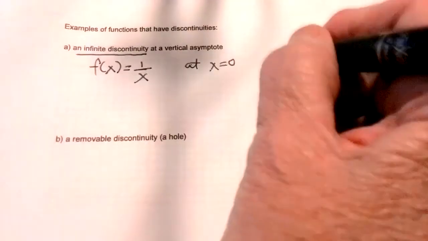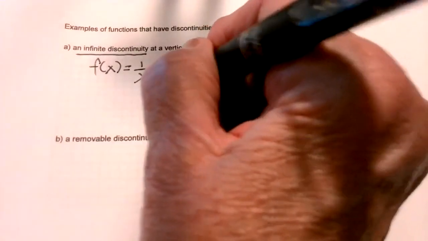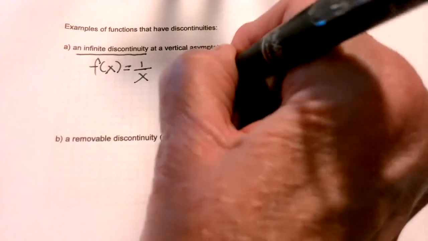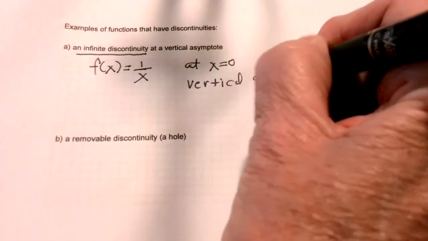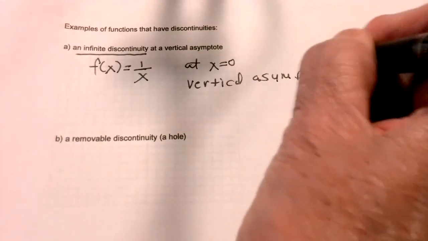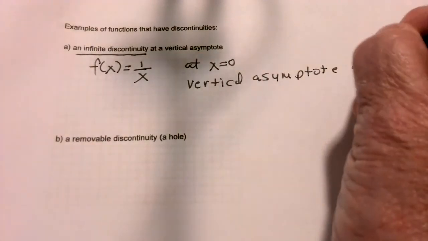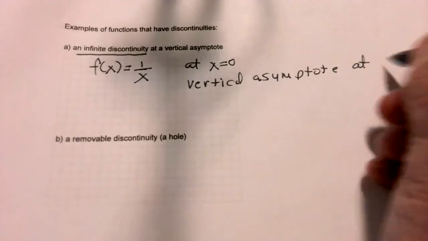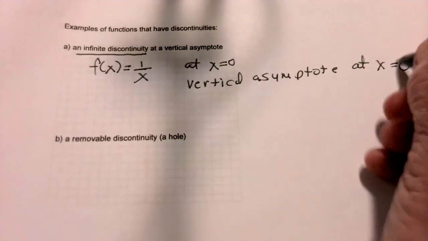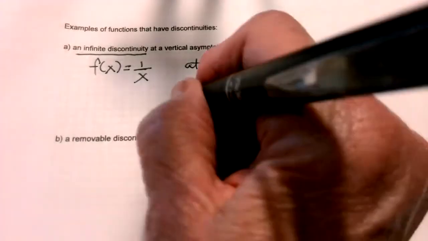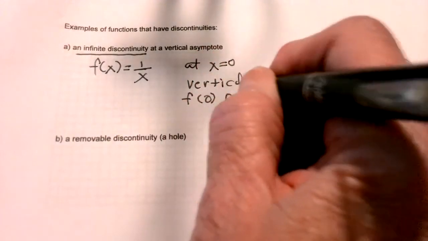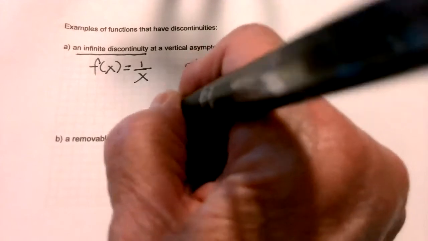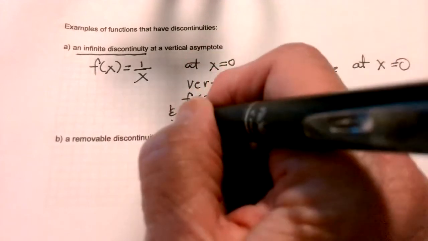Well, we know it's discontinuous there. The function's not defined there, and the limit is also not defined there.